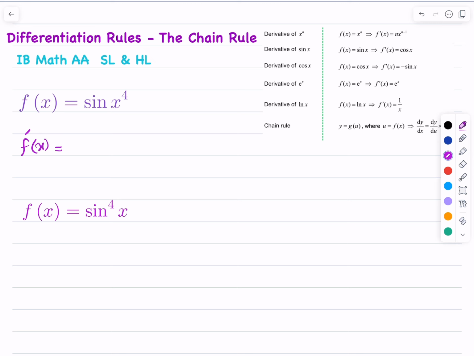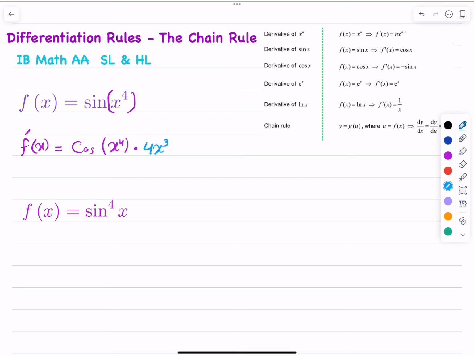First, it would be easier to visualize it like this. We can put brackets here, so it will be sine of x to the power of 4. First, we differentiate the outer function sine, which becomes cosine, and the same inside x to the power of 4. But then we differentiate the inner function x to the power of 4, which is 4x cubed.